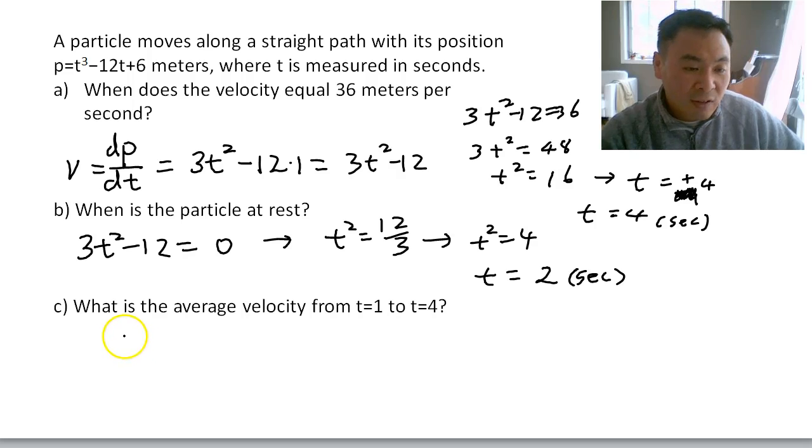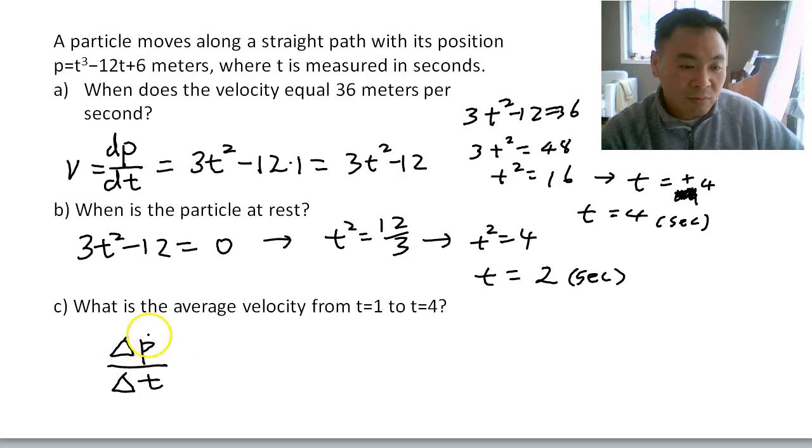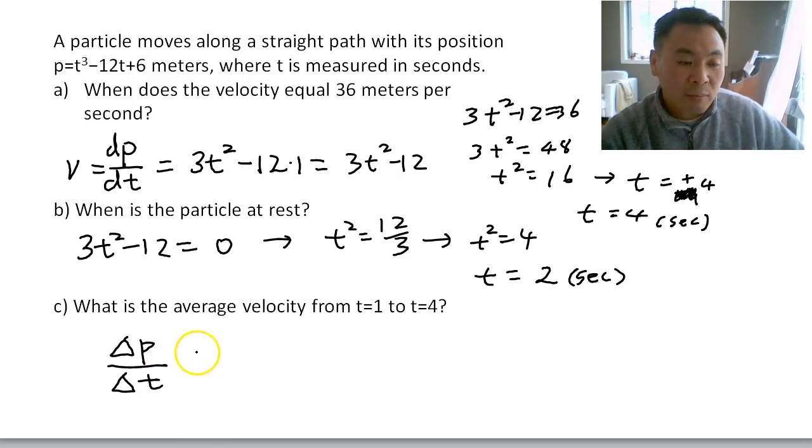Average velocity is how much change of position there will be in a given time window. So if you look at the overall change of position in the 3 seconds between 1 through 4 and divide it by the total time, 3 seconds, then it gives you on average how much position changes per second.